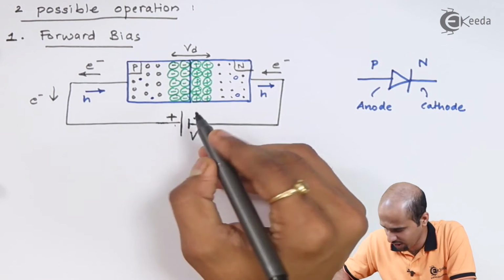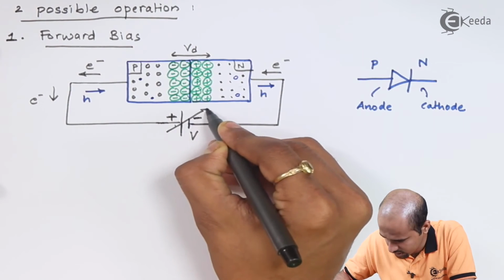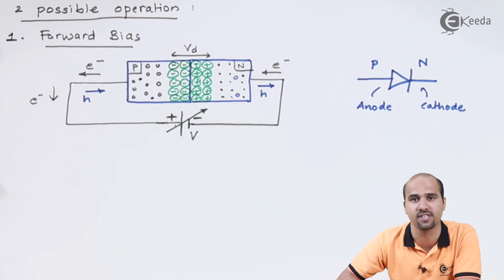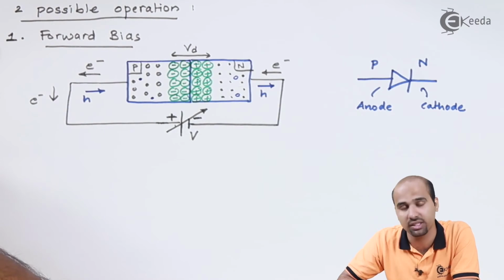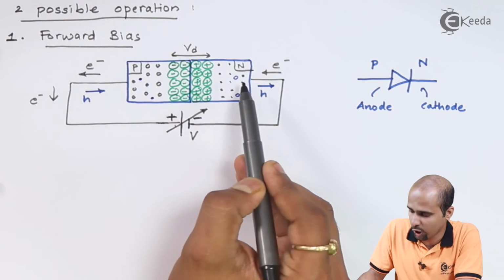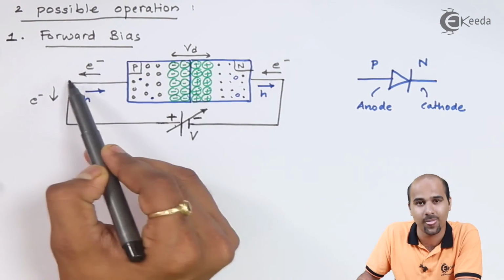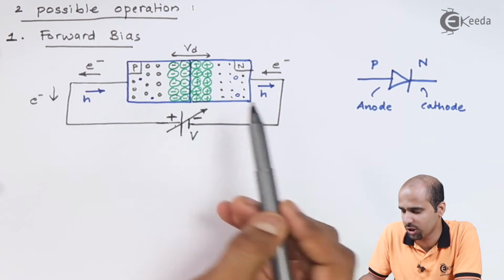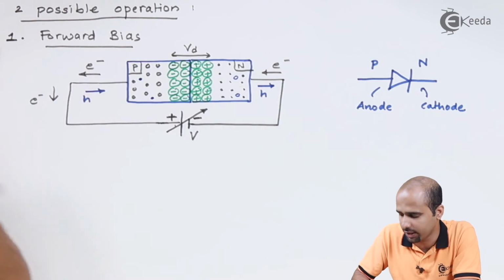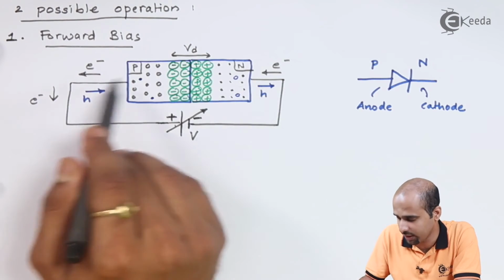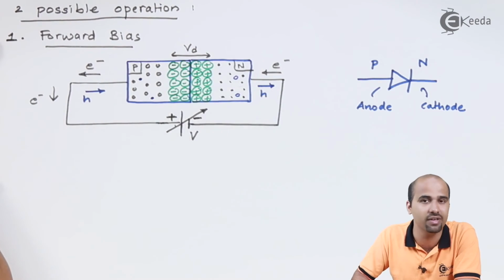But if I increase this DC voltage towards the positive side, then this force will increase and increase and increase, and the electron velocity will increase. More electrons will cross the barrier. If more electrons cross the barrier, then the current forming in this circuit will increase.